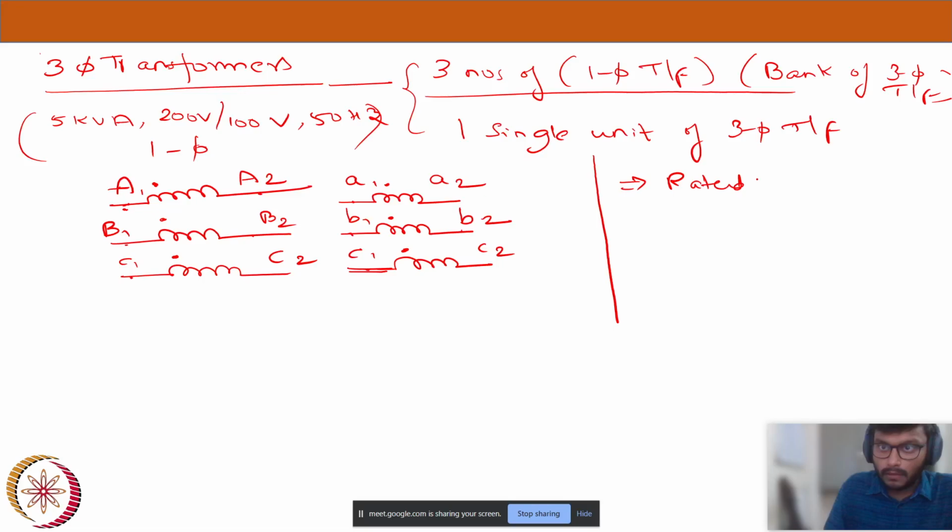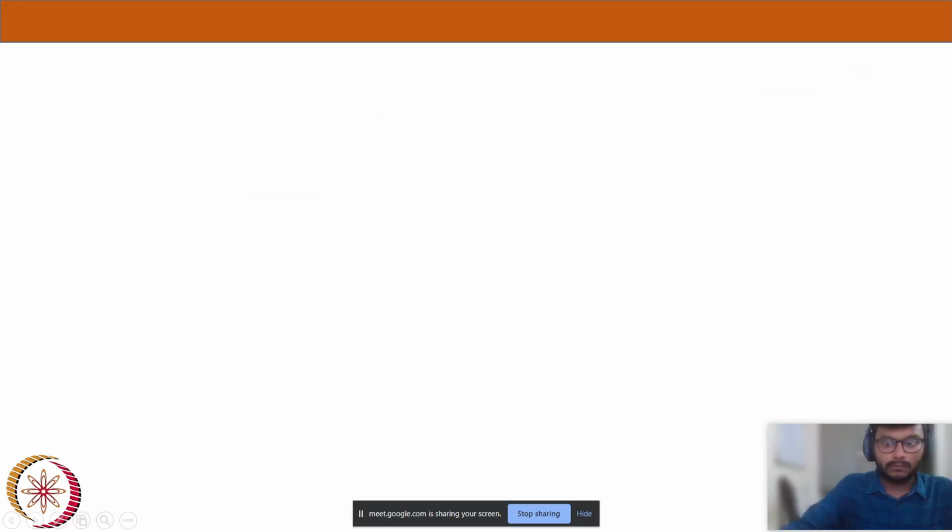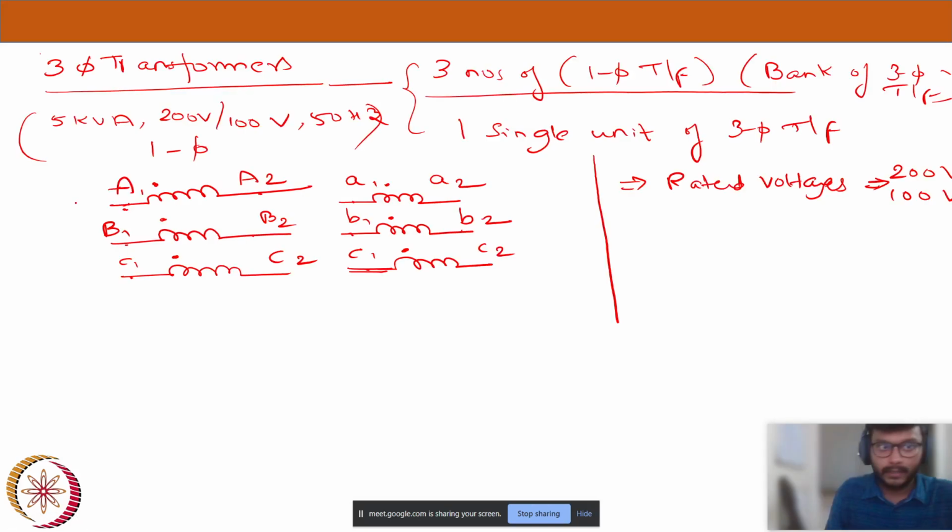Now let's suppose I am connecting my HV side to a three-phase balanced supply. Let me denote my supply here. I am connecting A1, B1, C1 to my supply. I am denoting the supply by AS, BS, CS. This is my three-phase balanced supply, and I am connecting it.